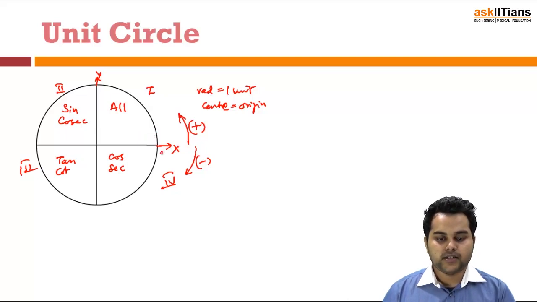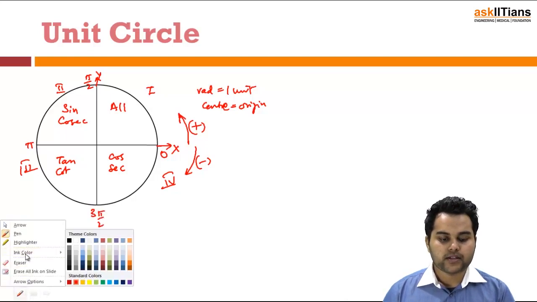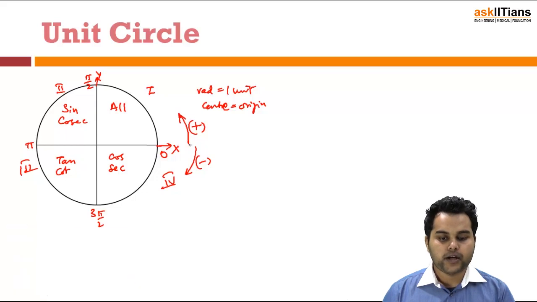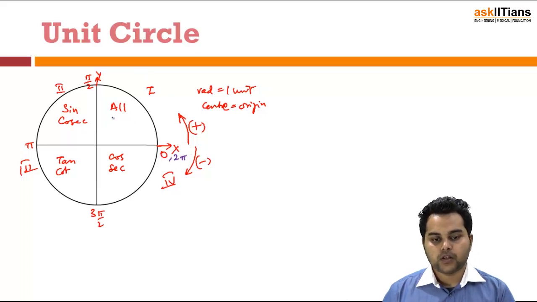So the measure at this angle, this degree, is 0, then at the vertical it's pi by 2, pi and 3 pi by 2, and again when coming to 0, the next angle would be 2 pi, and this would be like one complete rotation. So if all are positive, how can I remember this?